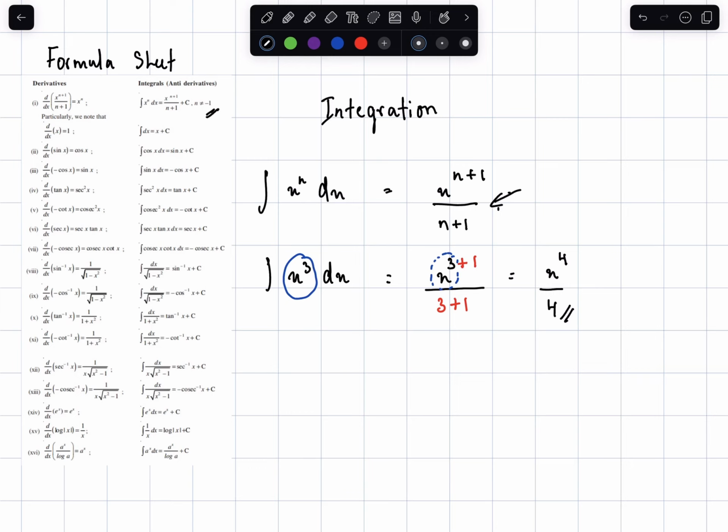Now, if you understood the previous two properties that I explained, which will be commonly used, let's do something a bit trickier. Supposing I give you a question, integral of 6x cubed dx. How would you solve this? You can pause and take your time.